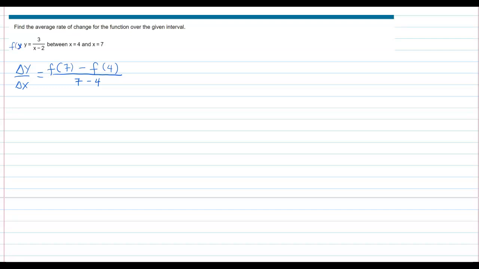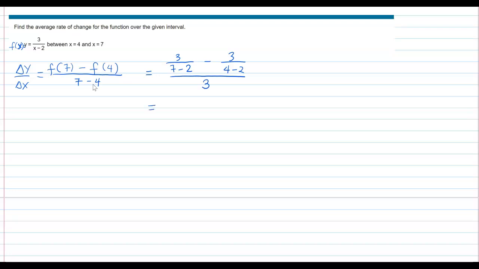F of x is equal to y. So this will just be 3 over, now replace the x here by 7. So that is 3 over 7 minus 2 minus f of 4 is 3 over 4 minus 2 divided by 7 minus 4 is 3.